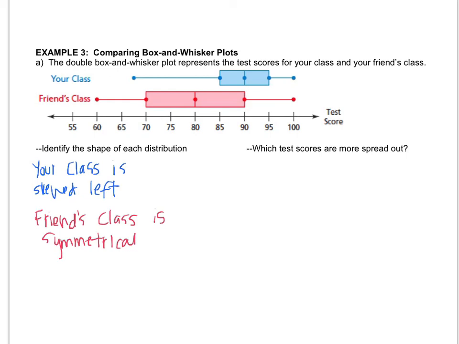Now I have to determine which test scores are more spread out. If you look at the box and whisker plots, your friend's class has a wider range. That goes from 60 all the way to 100, whereas your class goes from maybe 68 to 100. So the answer is the friend's class is more spread out.